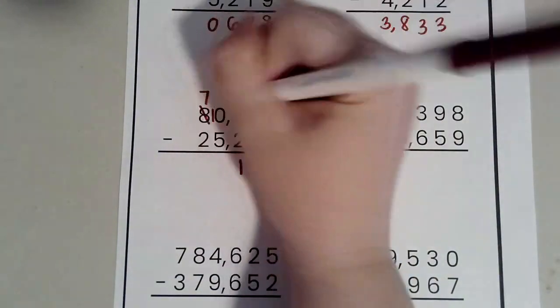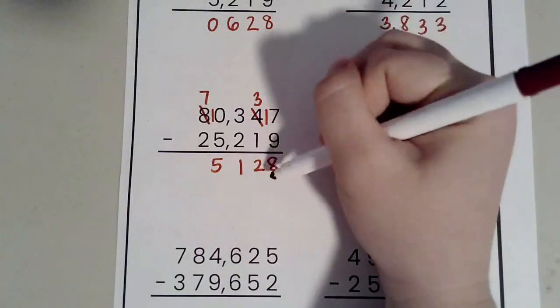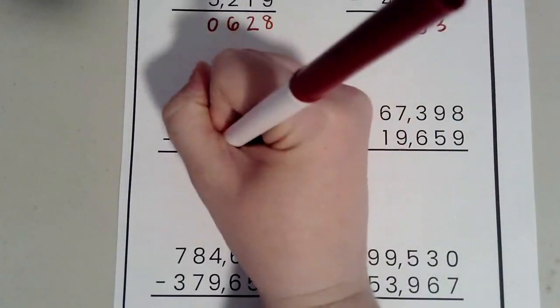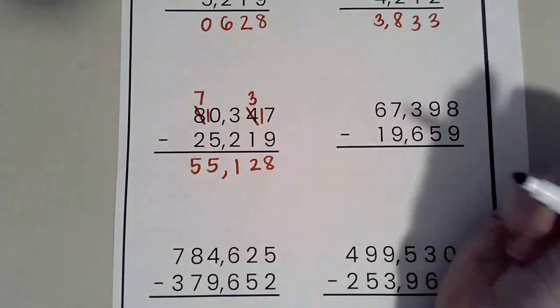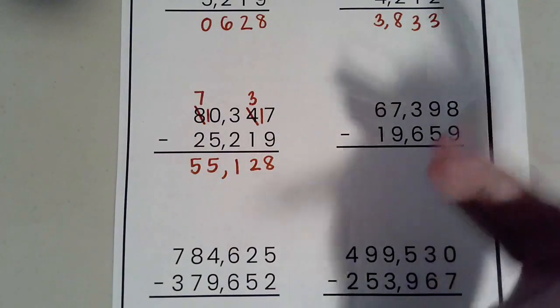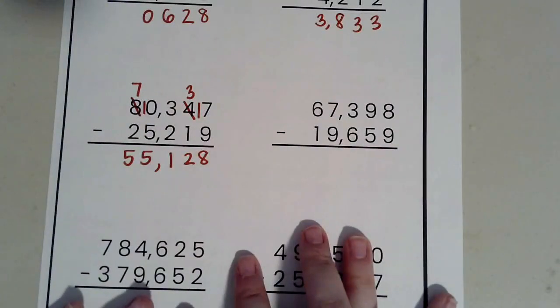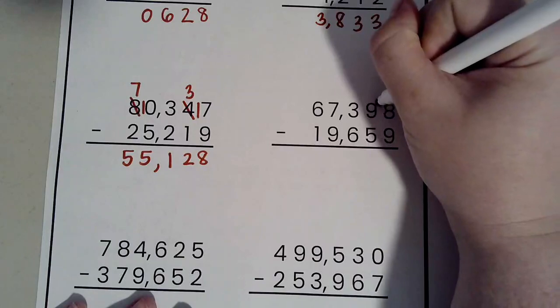Now this becomes 10. 10 minus 5 is 5. And you can see I'm still making sure that my place values all line up. 7 minus 2 is 5. Let's count for our comma. 1, 2, 3. 55,128.